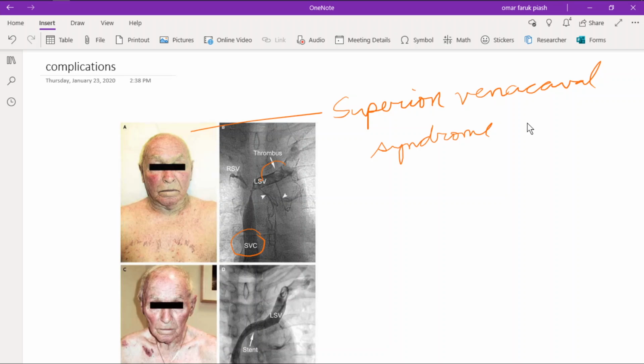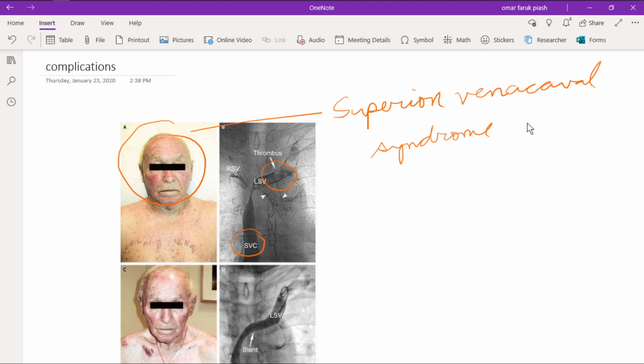The thrombus causing obstruction makes drainage of blood from the head through this superior vena cava impossible, and we know that the superior vena cava opens into the right atrium, and if there is obstruction, it will cause superior vena cava syndrome.